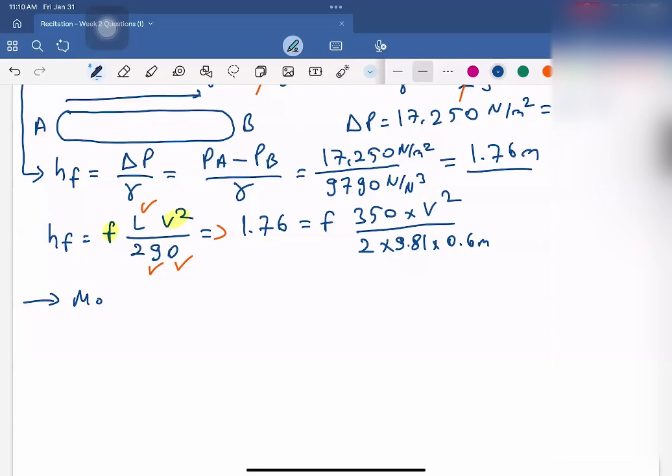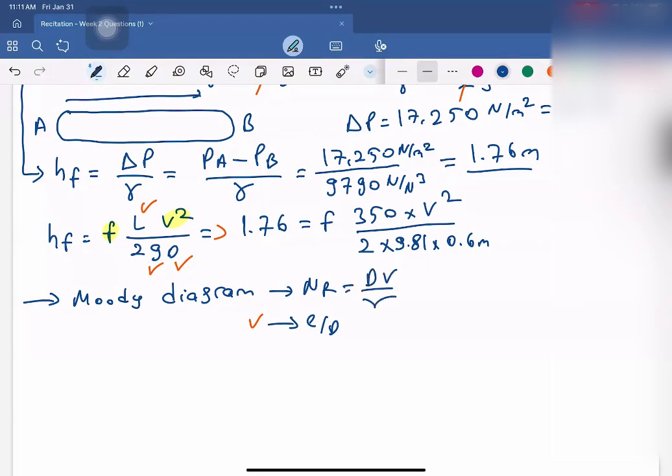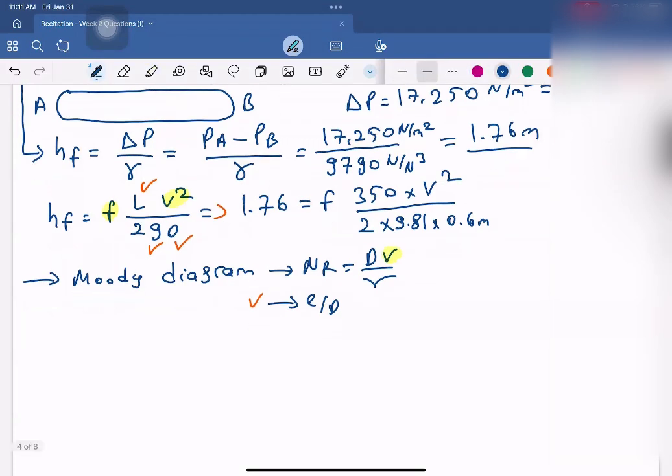Here again, we need to use the Moody diagram because we don't know the friction factor. And for the Moody diagram, we need Reynolds number and e over D. Again, we of course know e over D, but we don't know the Reynolds number. So here we need to assume a number for the friction factor.